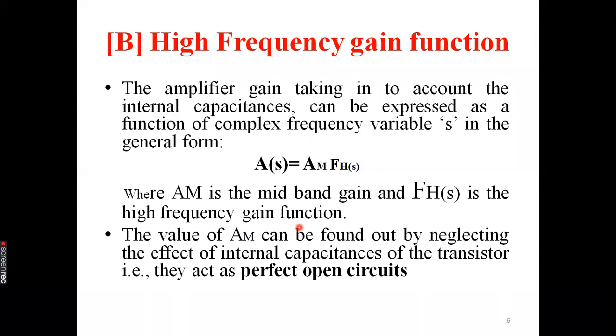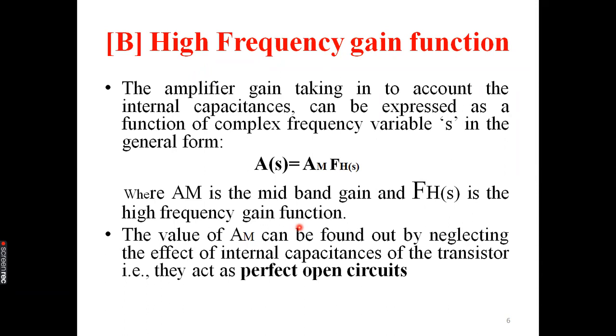So how can we find AM? AM is a constant. That constancy will come only for low frequencies, right? Till FH. Low frequency means XC will be high. XC high means the capacitance acts as an open circuit. So when considering all the internal capacitances as a perfect open circuit, whatever gain we can calculate is nothing but AM, which is otherwise known as midband gain.